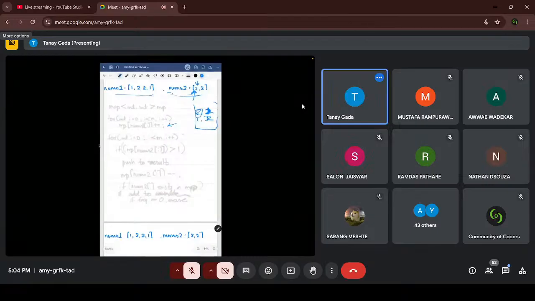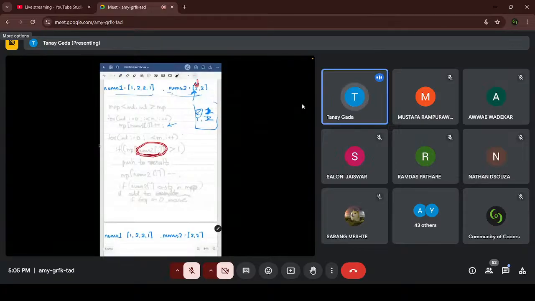So here we are checking if the frequency of the nums2 first element in the map is greater than 0. Yes, so we push it to the result and then decrement the frequency in the map, so it becomes 1.